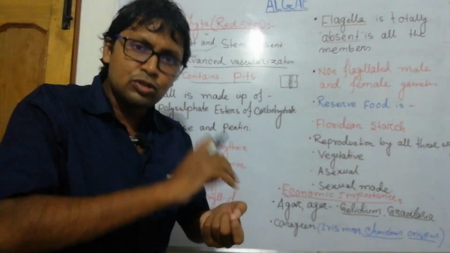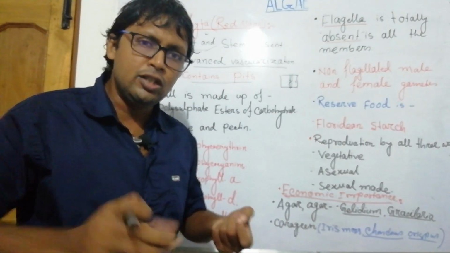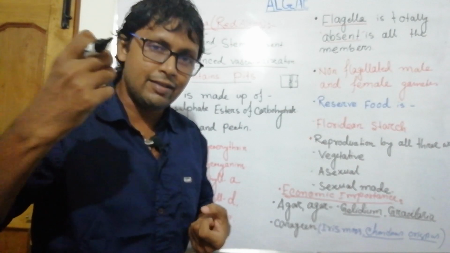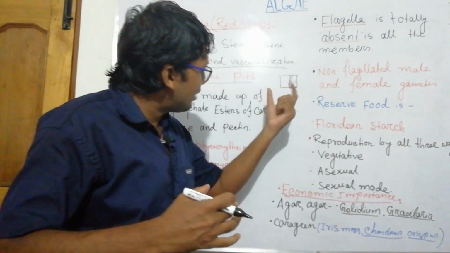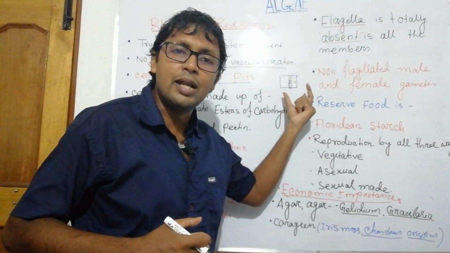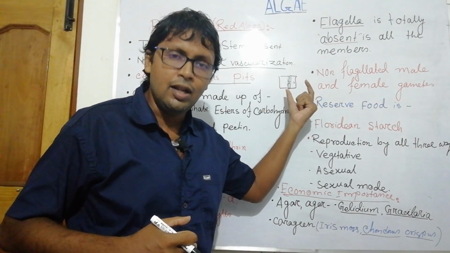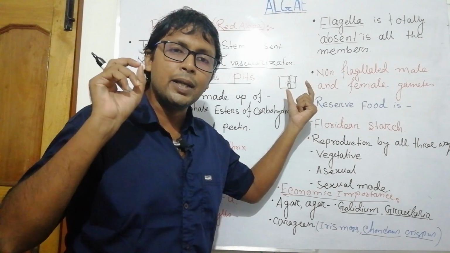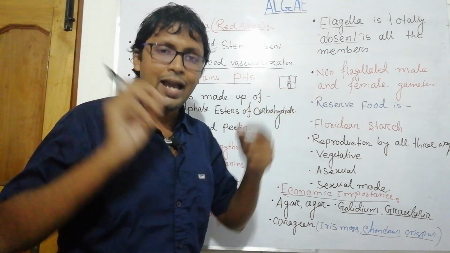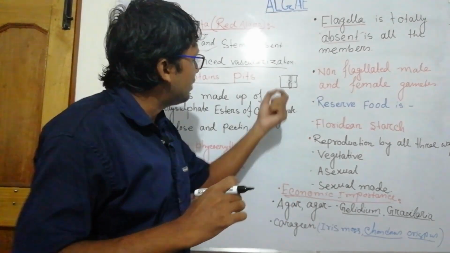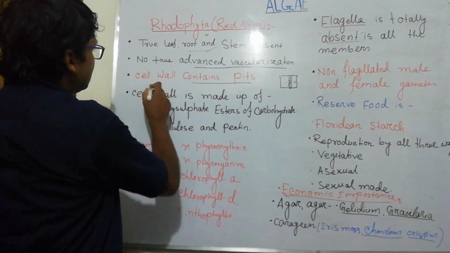As in classification, Chlorophyta is the primitive one, then Phaeophyta, then Rhodophyta, which is rather advanced. So it is the advanced trait that the cell wall contains pits. The pit helps in cellular communication by plasmodesmata. So this one is very important.